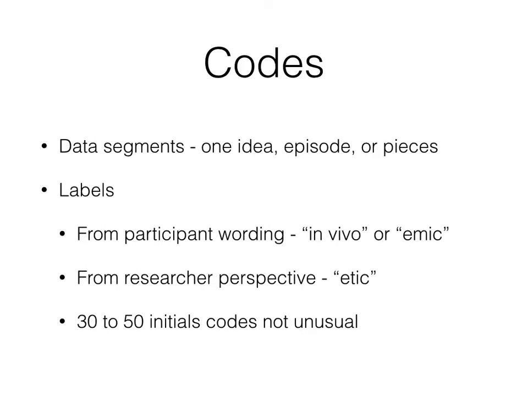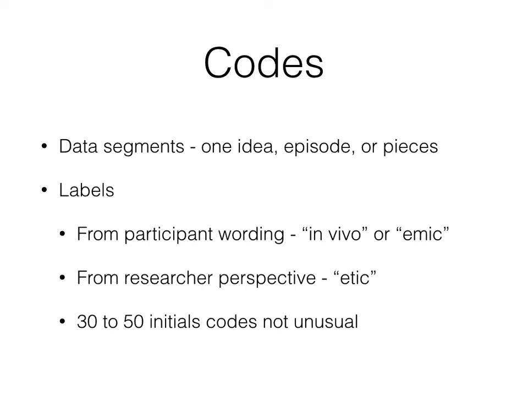As I mentioned previously, you have to chunk your data. So you try to apply codes to one idea, an episode, pieces, maybe one or two sentences. There are two kinds of labels. You can actually pull these labels from the participants, and these are called in vivo or emic, where maybe the words of the participants end up supplying the codes.